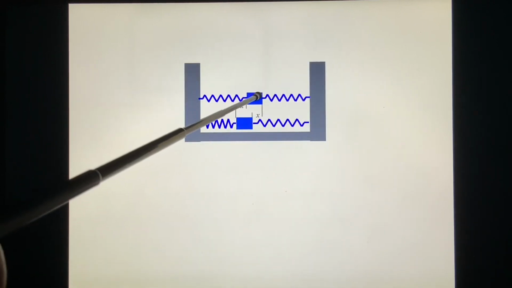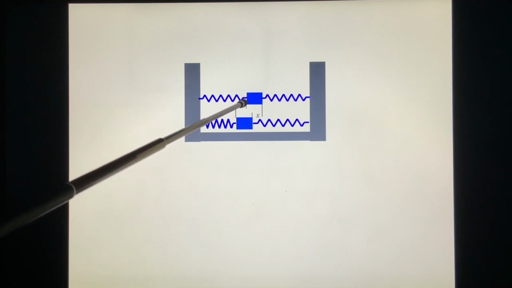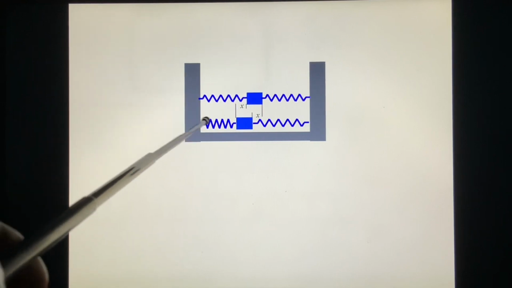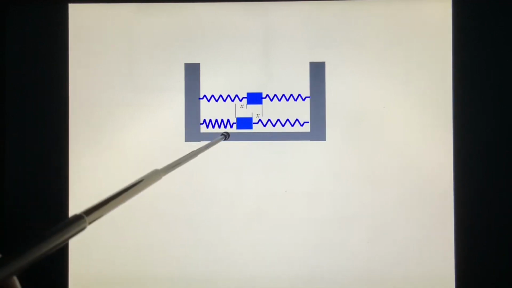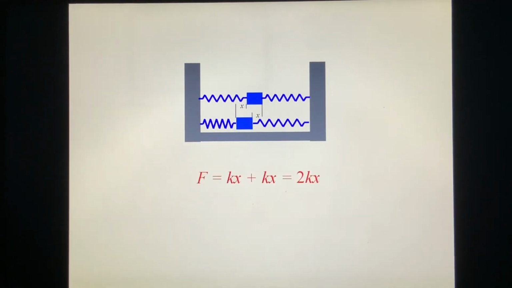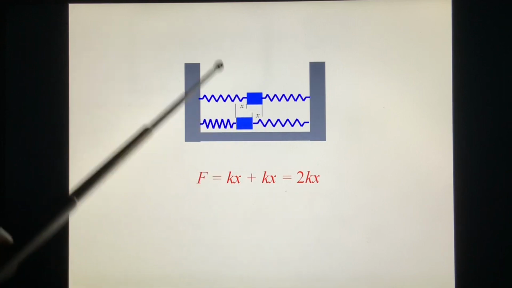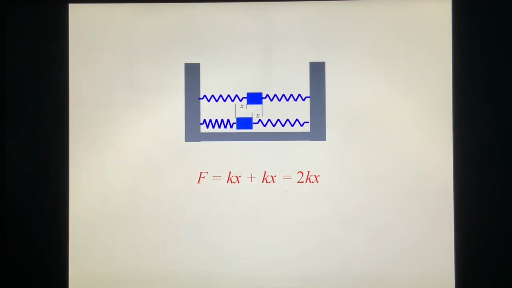When the block moves a distance x from the neutral position, it would exert two forces, one from the left spring, one from the right spring. So both are kx. The question is, what kind of k is it? Is it the same k as the original one before they cut into two, or the new one?